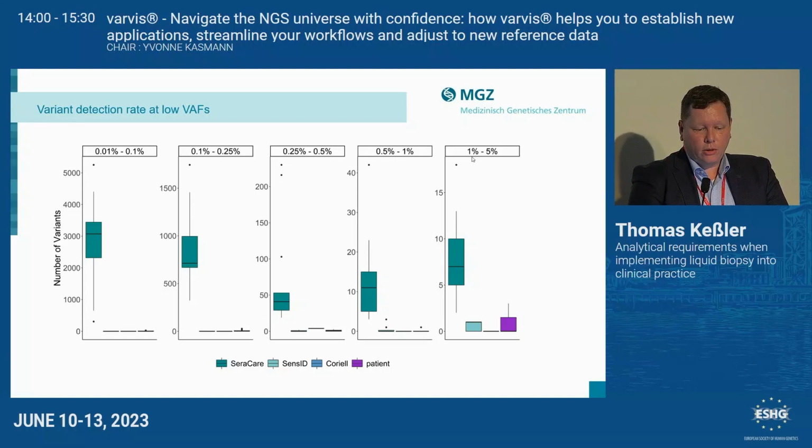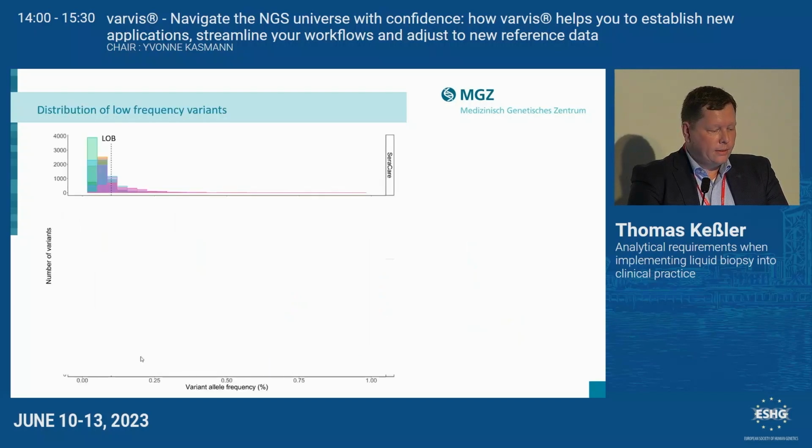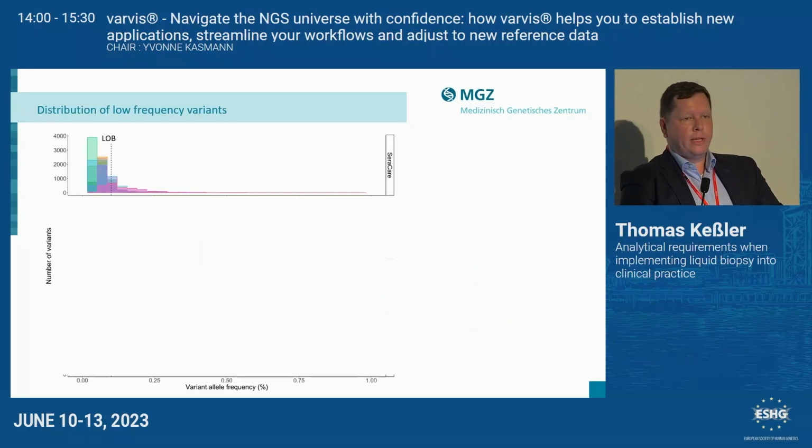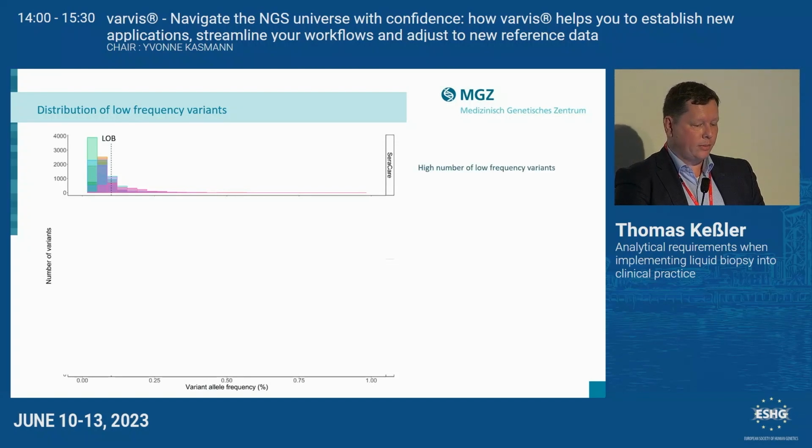And actually, when you go to a variant allele frequency of 1 to 5%, where the patients actually show up with allele frequencies, you still have a lot of background in this SeraCare material. So at this point, you can depict it also in a slightly different manner.